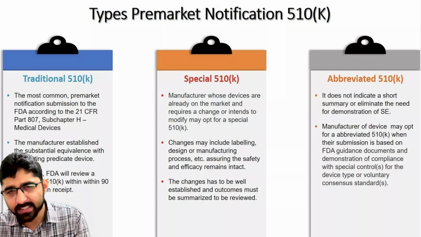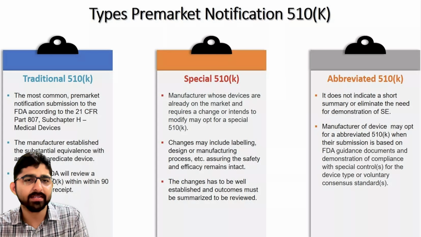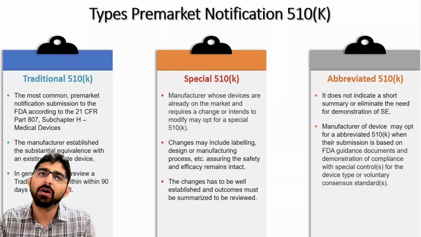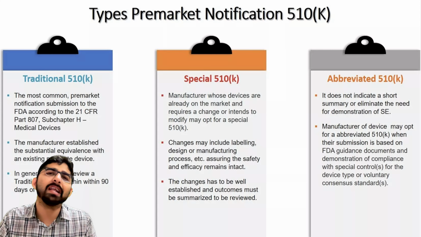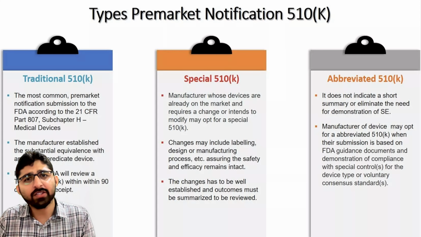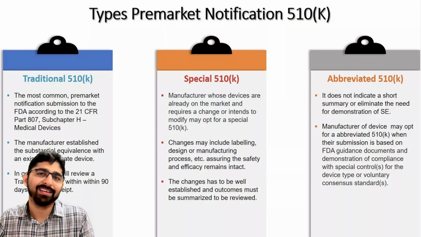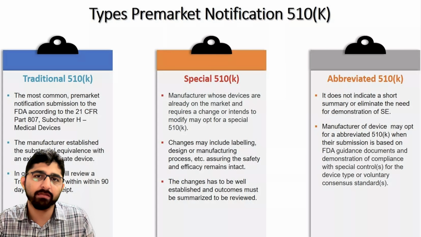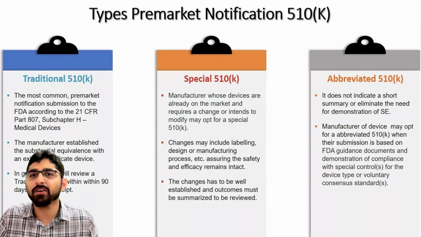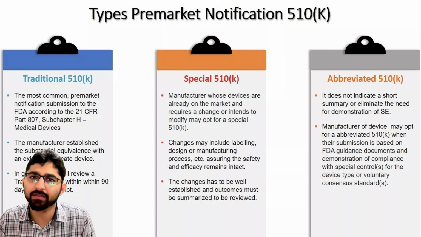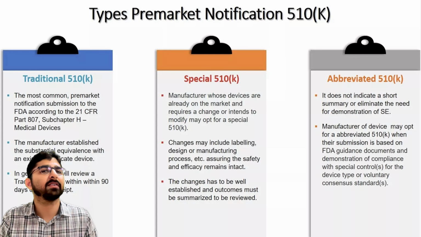In the case of special 510K processes, the devices which are already legally marketed in the United States need to go under certain revision, in the form of major revision or minor revision. So those are categorized under the special 510K submission.